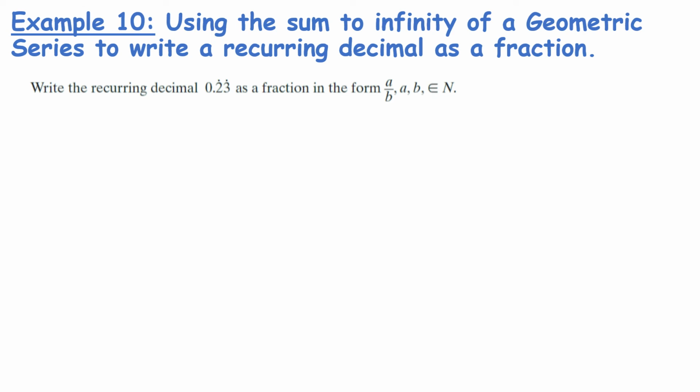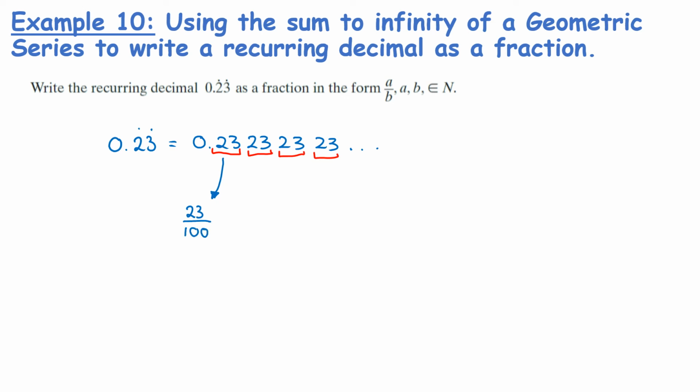So the recurring decimal 0.2˙ 3˙ is 0.23232323, and this goes on forever. So we can see that each 2, 3 piece is recurring. So what we end up doing here is saying, well, look, this piece could be written as 23 over 100.